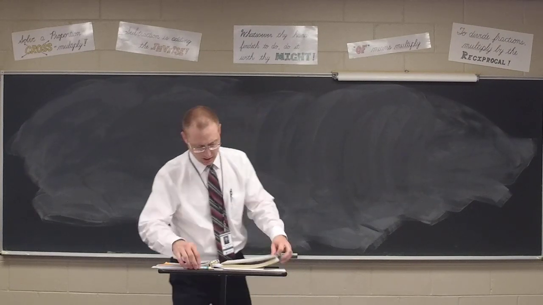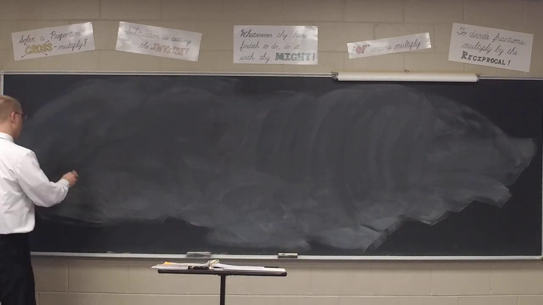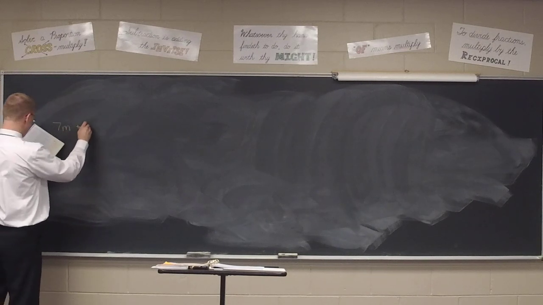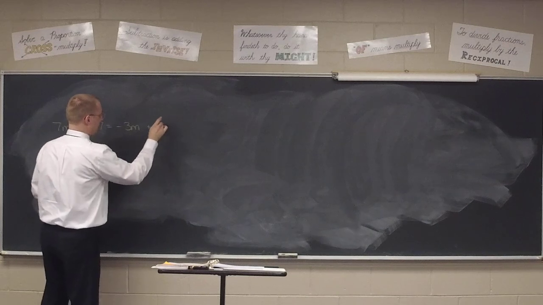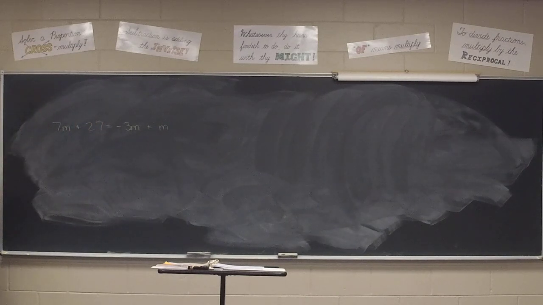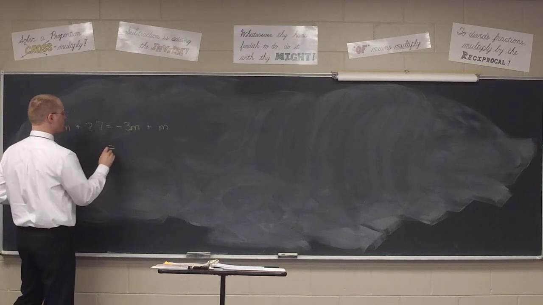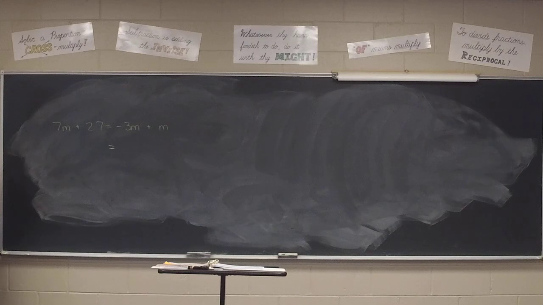And Lana, on number 31, I've got 7m positive 27 equals negative 3m positive m. What did you do first? Combine negative 3m and positive 4m. Good. We would normally get rid of any parentheses we see, but there aren't any parentheses.